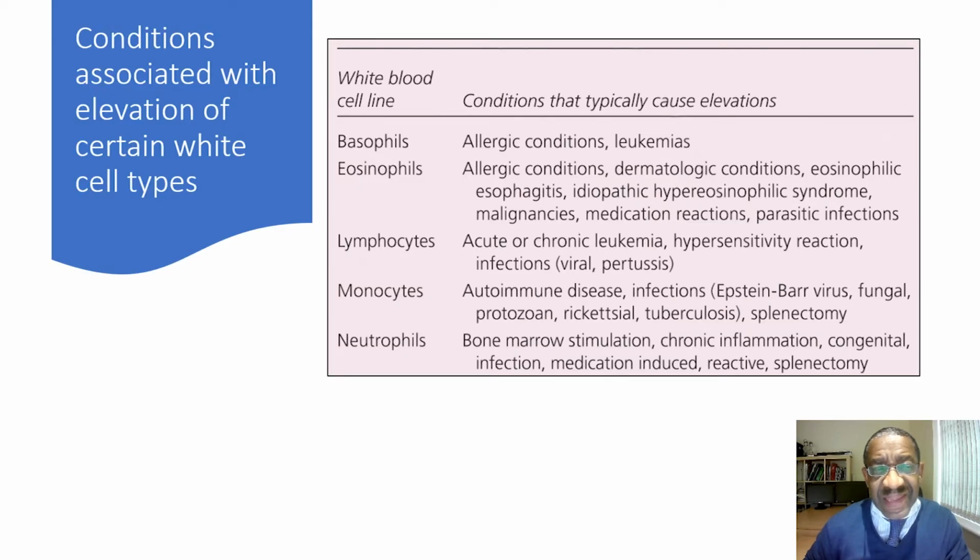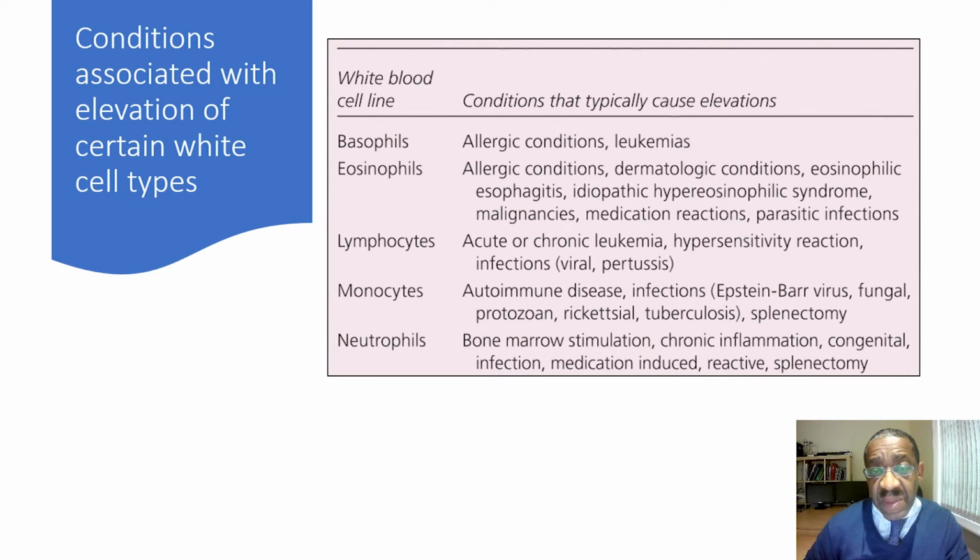So what are the simple conditions that we see on a regular basis that might cause an elevated white cell count? And you can see that for the different components within the white cell line, there are various conditions. Some actually overlap with each other.